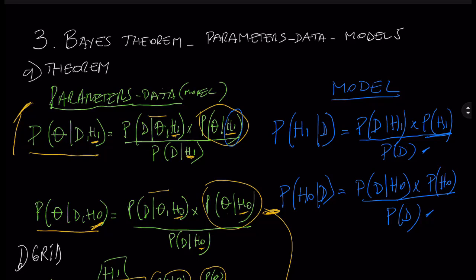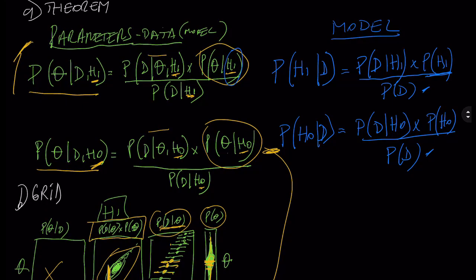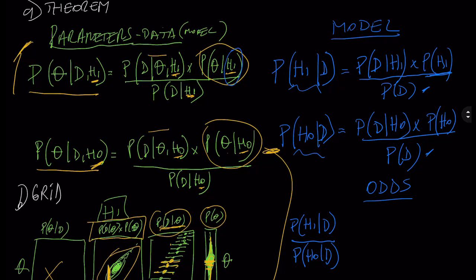So if we do that, then the way I can compare these two models is by using ratios. So let's put that in a different form of the Bayes theorem, which is the use of odds. Okay, so we are going to use odds. Now, one component of this odds version of the Bayes theorem is probability of H1 given the data over probability of H0 given the data, and that's the posterior distribution of the model, so we call it posterior odds.